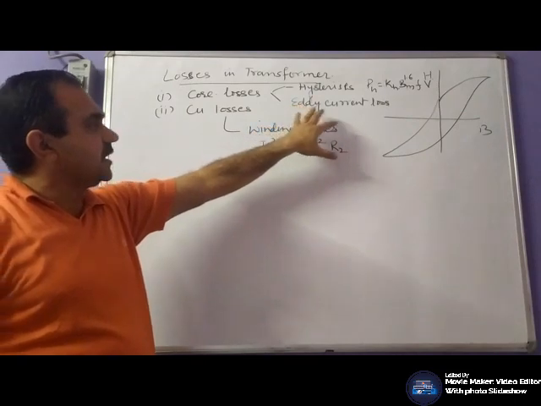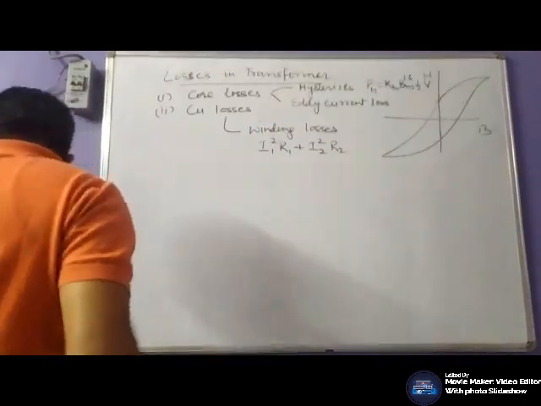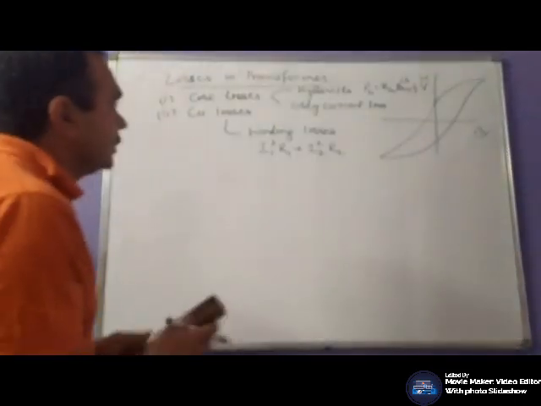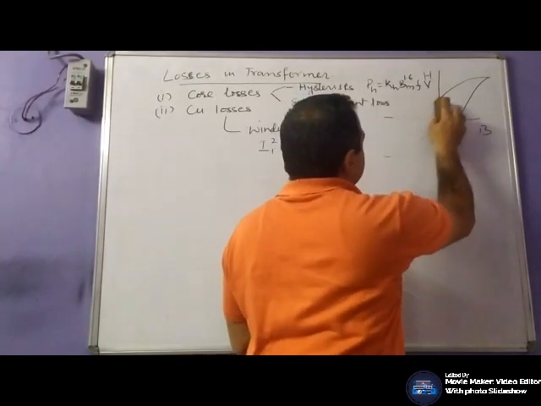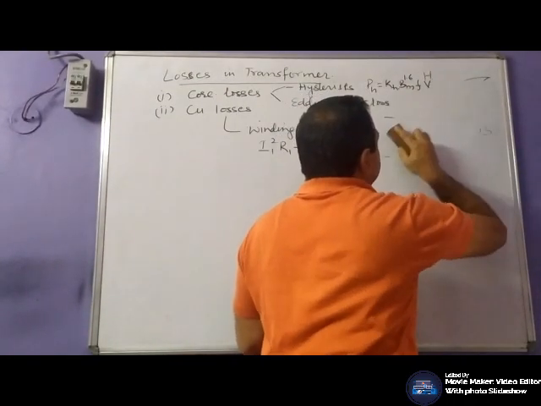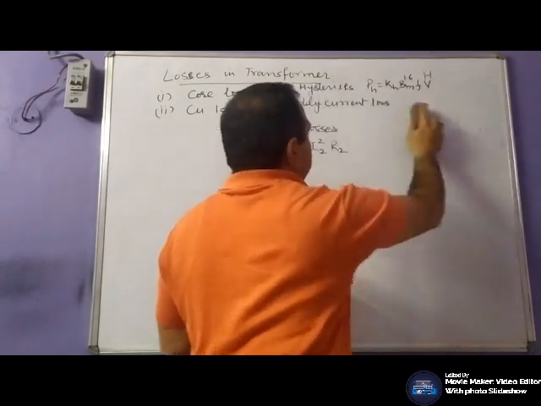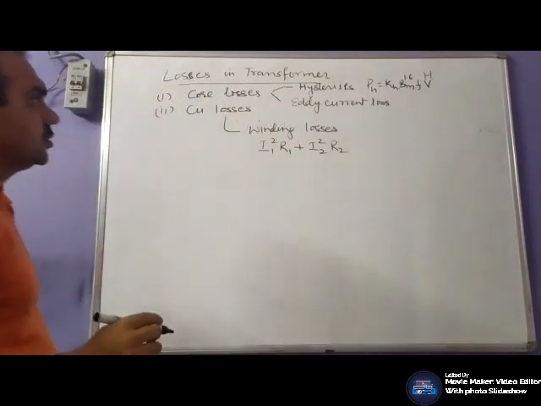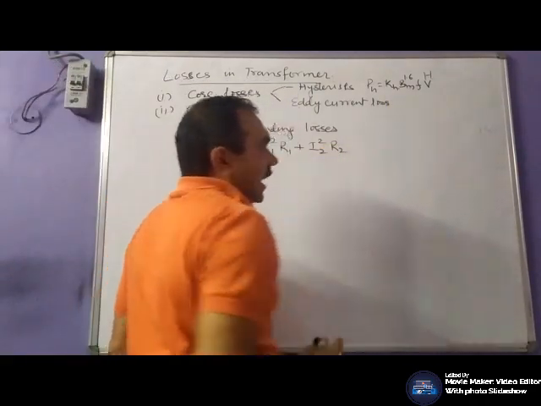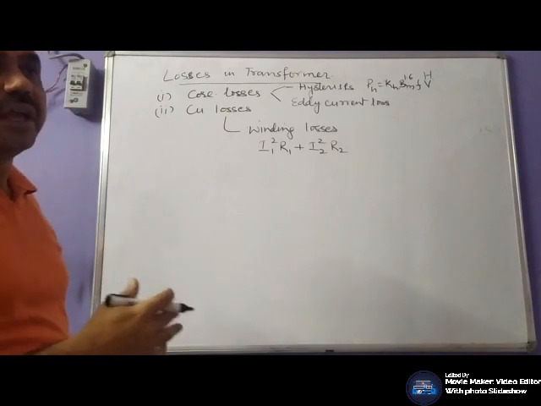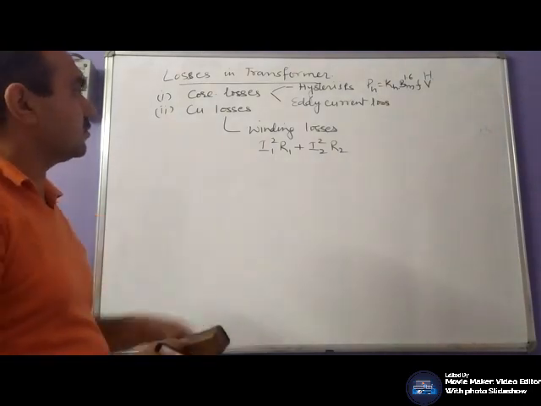When this magnetic material is placed in the magnetic field, certain eddy currents circulate in the core, and these eddy currents induce an EMF in the core.